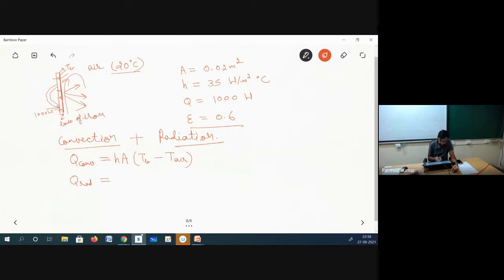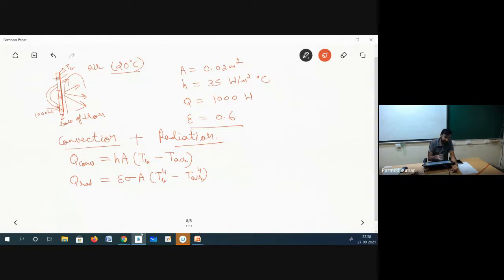So the net rate of radiative heat transfer, if our surface is black, is nothing but sigma A times TB power 4 minus T surroundings, or T air, power 4. And over here, the emissivity of the surface is given as 0.6, so I have to multiply with emissivity also.